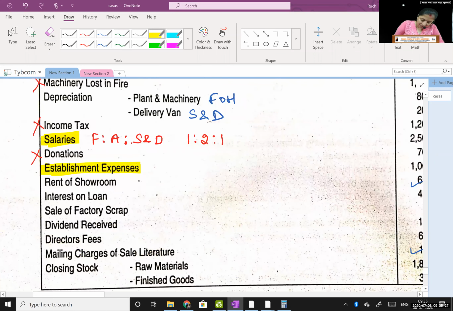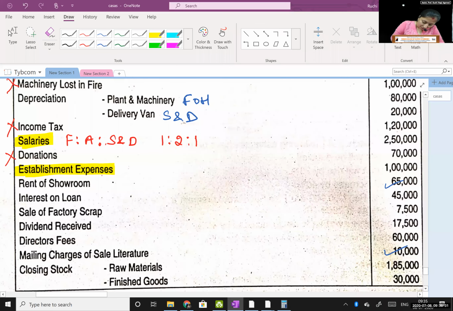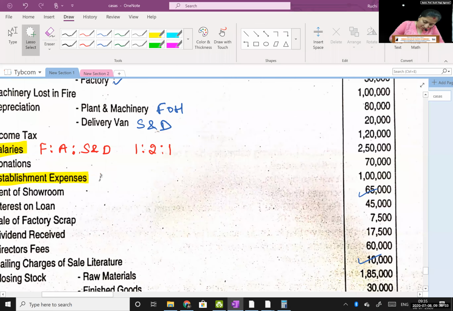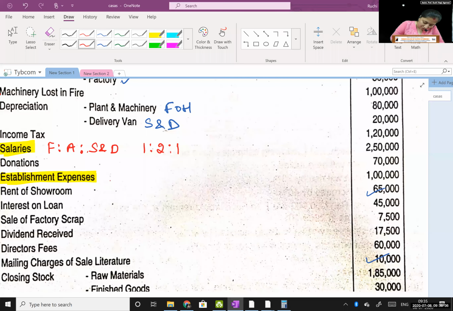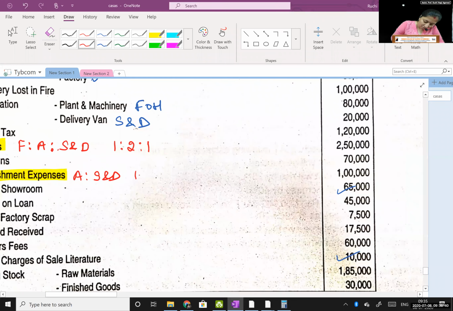Establishment expenses between admin and selling and distribution. Which ratio? Equal ratio, 1 is to 1.